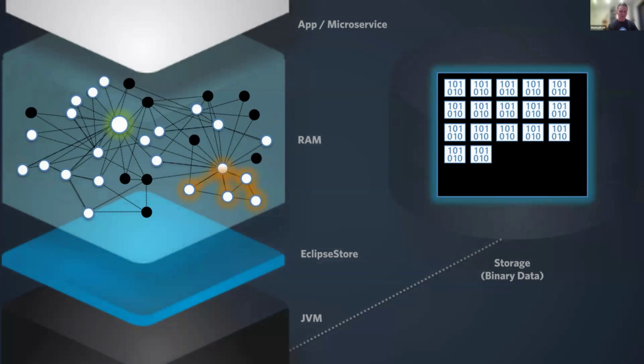When EclipseStore loads an object into memory, it compares the object with your class. If there are differences, so if your class has changed, let's say you have changed some fields or added fields, this is recognized by the framework, and then you can define a legacy type mapping and define what should happen if the classes change.